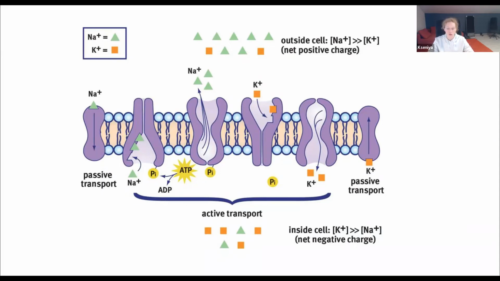For such a transformation, 2 potassium ions are brought into the cell and 3 sodium ions are removed from the cell, like in this picture. Thus, due to the pump, a negative current is constantly injected into the neuron. It's thanks to the potassium-sodium pump that the neuron restores the concentration of potassium and sodium after the neuron is excited.